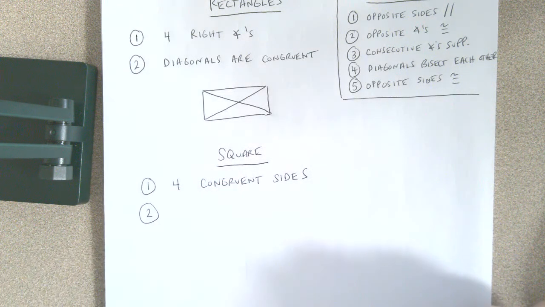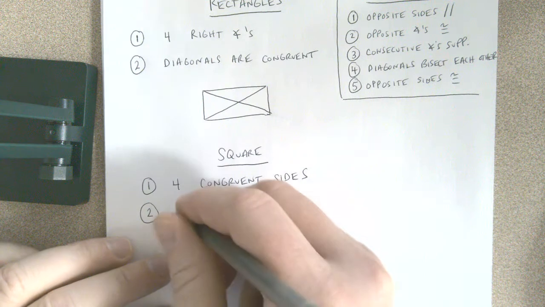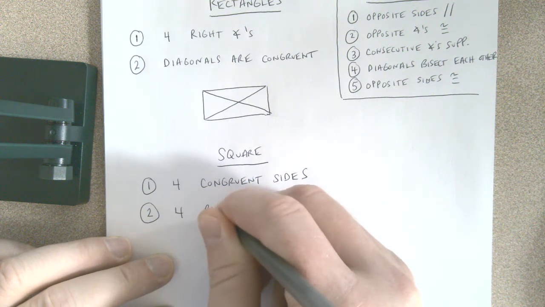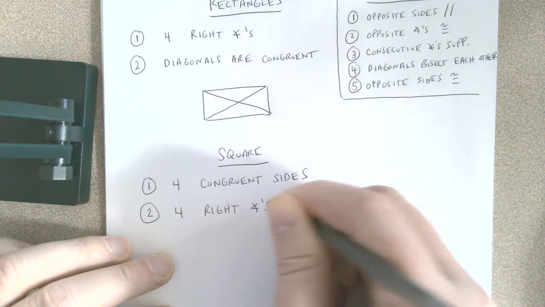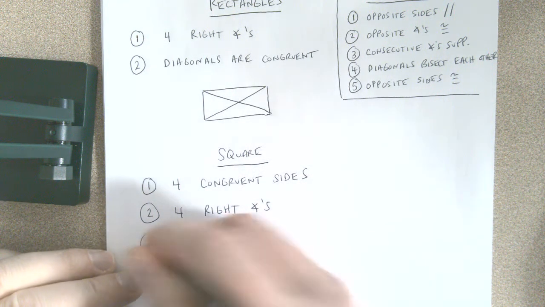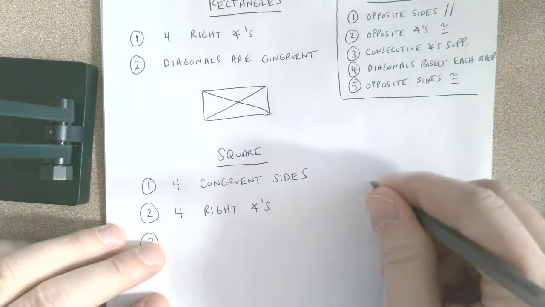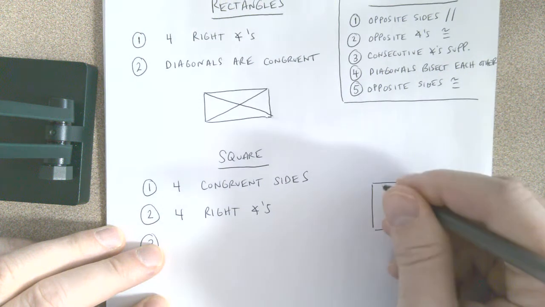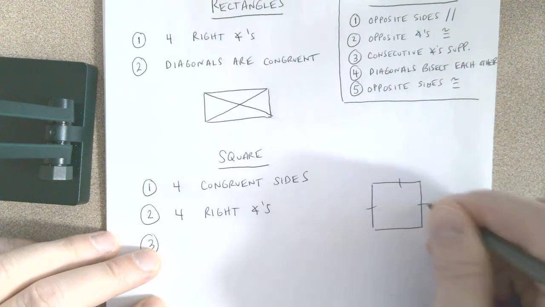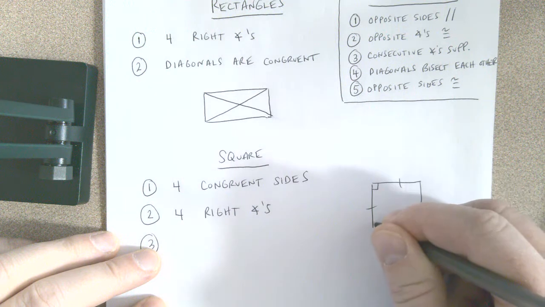How about the angles? Isaac? Yeah, we have 4 right angles. I'll mark these as I look at my picture here. So we've got 4 sides that are the same, 4 right angles.